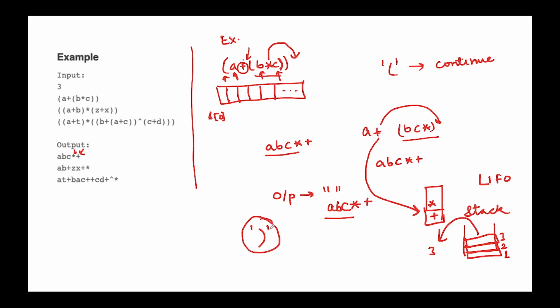This closing bracket means that the operation is completed, right? So whenever we find a closing bracket, we will pop the stack. Popping the stack means taking something out, like putting it back here in our output string.